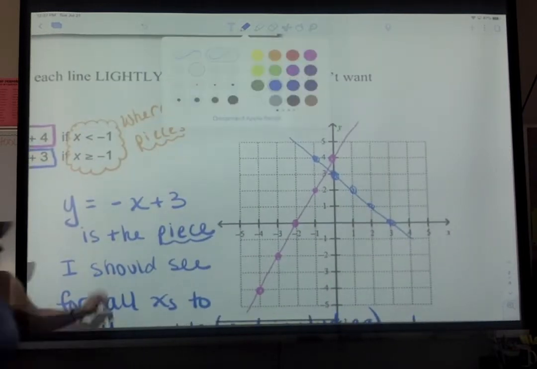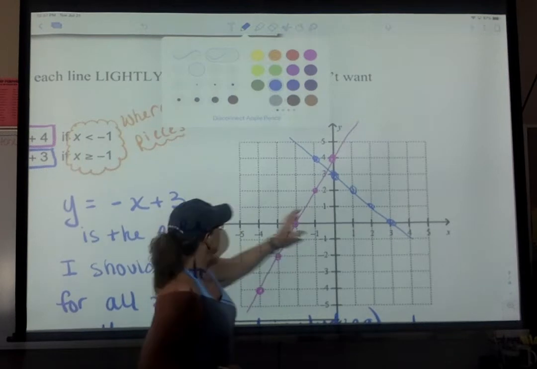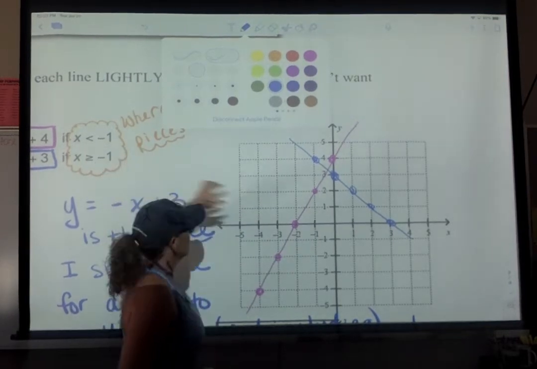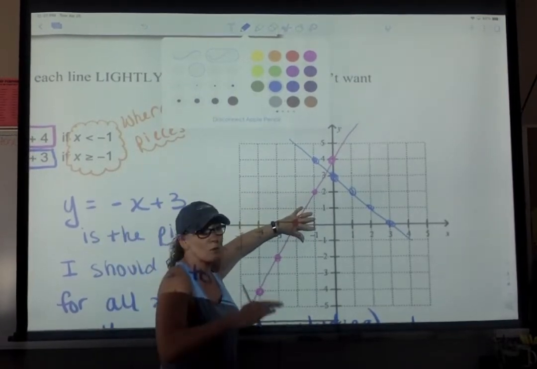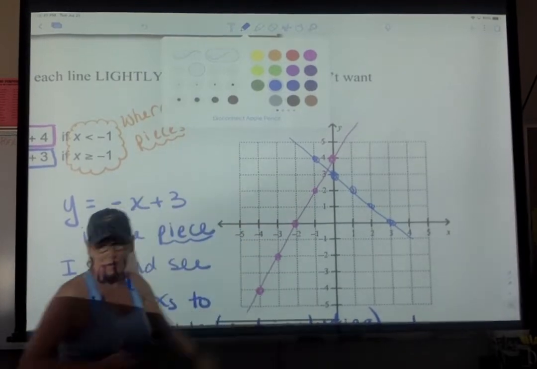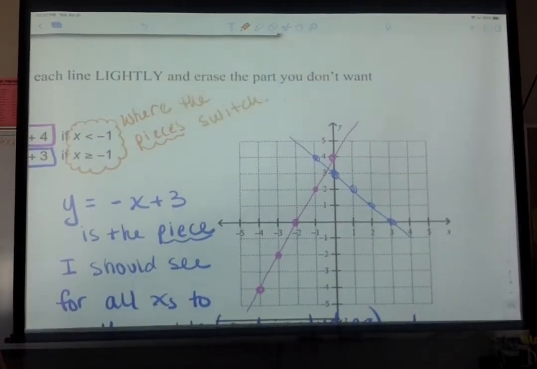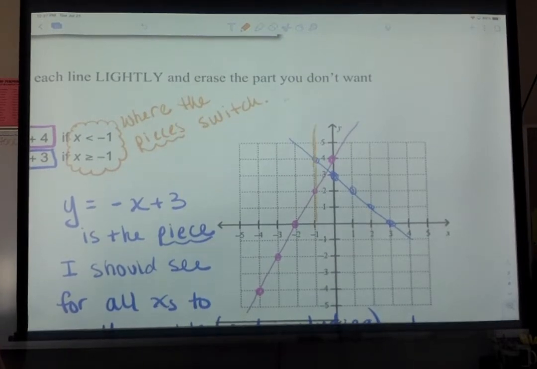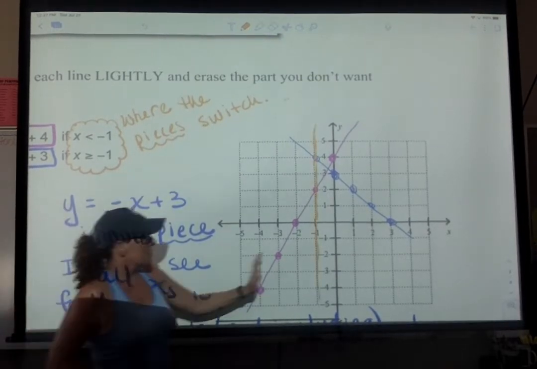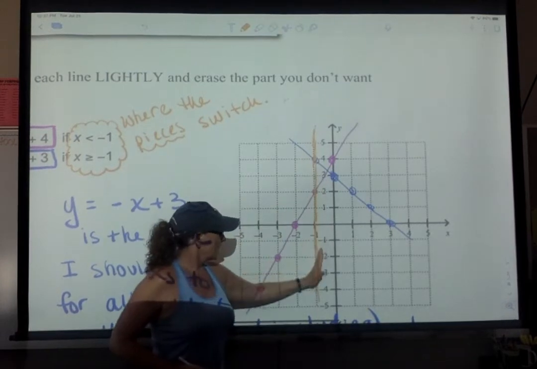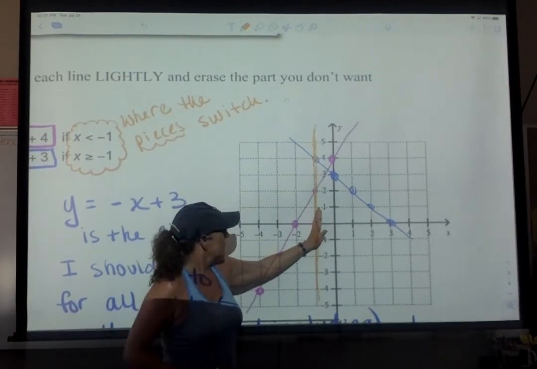Now, where x is -1, see this right here. Where x is -1, this is where my pieces need to switch. So think about all the places where x is -1, kind of like a vertical line.